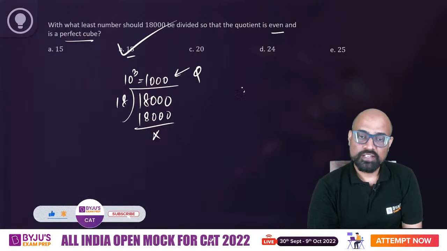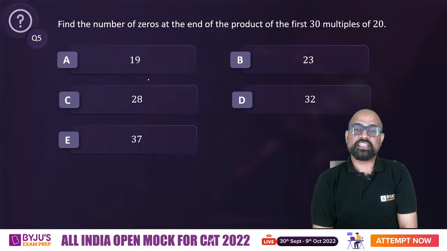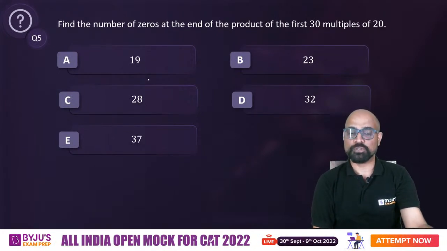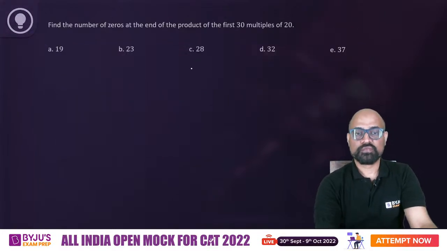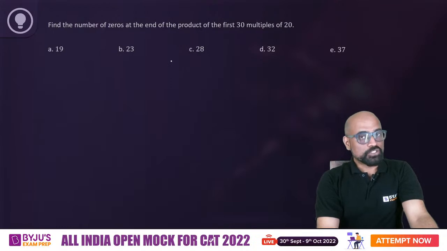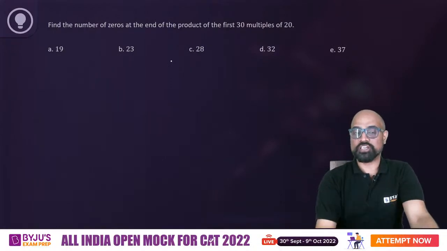Right? Pretty quick, easy. Next is find the number of zeros at the end of the product of the first 30 multiples of 20. So, this is not a factorial question directly. I mean, factorial may come later on, but initially करना है.